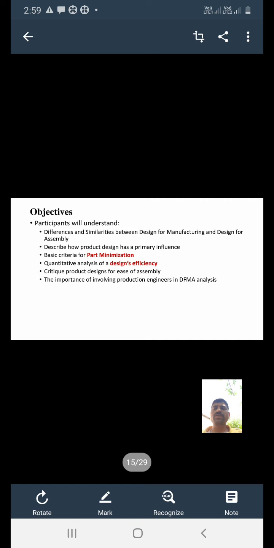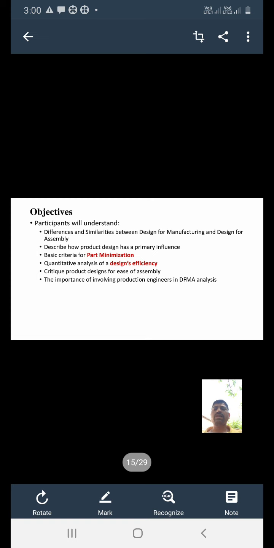The first objective is the difference and similarities between design for manufacturing and design for assembly. Participants will know and understand the difference and similarity between design for manufacturing and assembly. Then they will describe how product design has a primary influence.